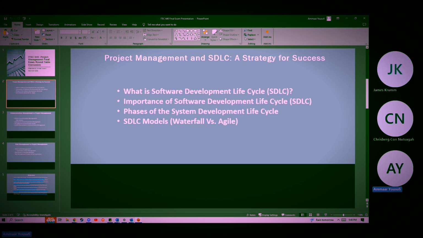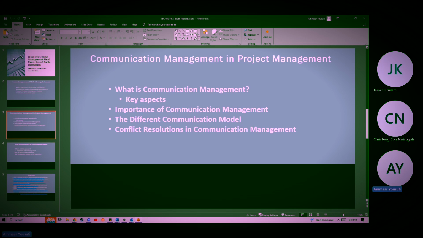Let's talk about SDLC models, waterfall versus agile. The SDLC encompasses various models, each with its own methodology for software development. Two of the most popular models would be the waterfall and agile models. The waterfall method is kind of a more old school method compared to the agile one.